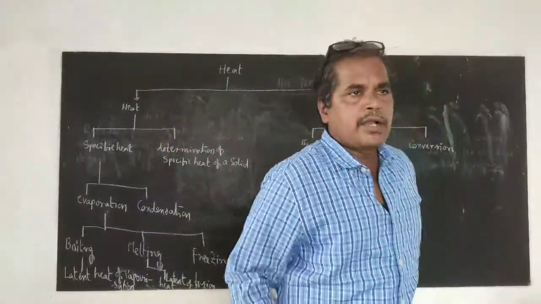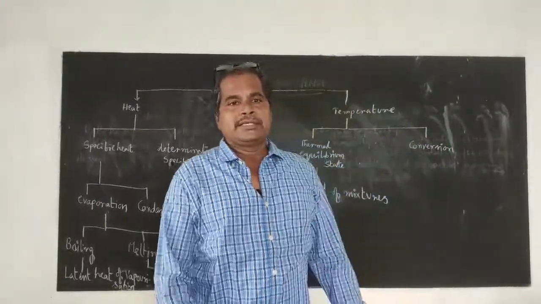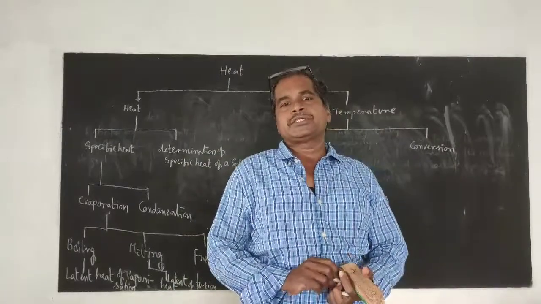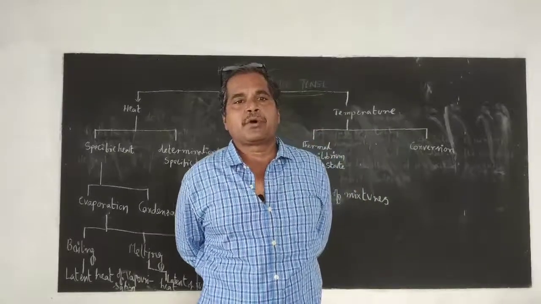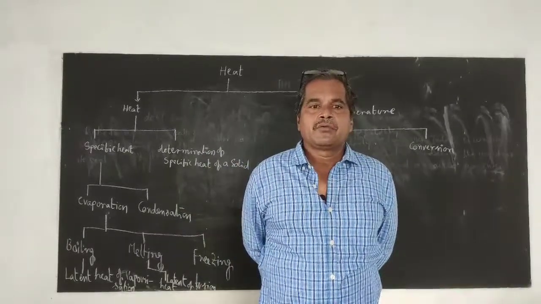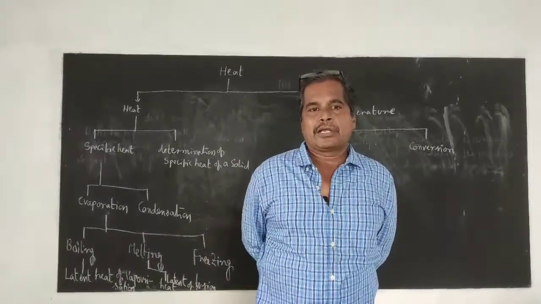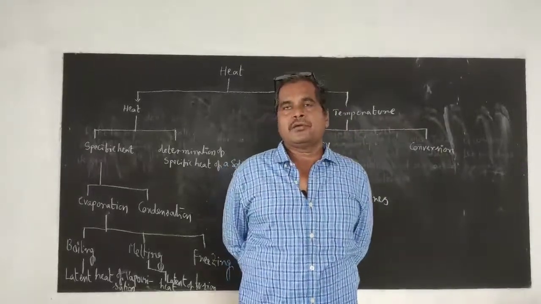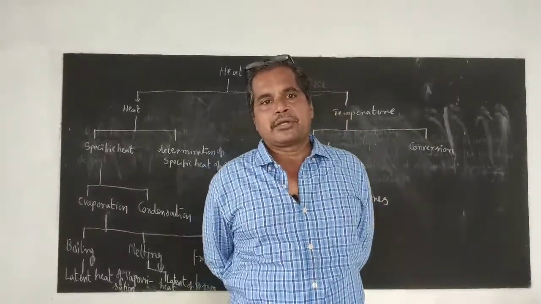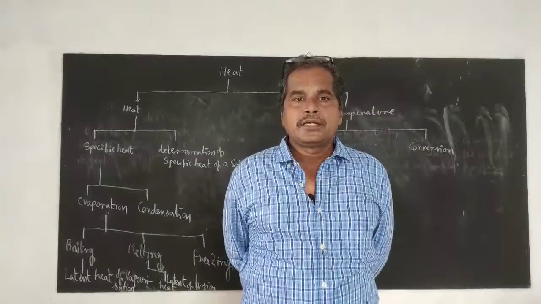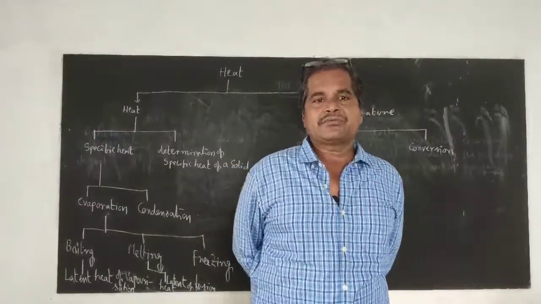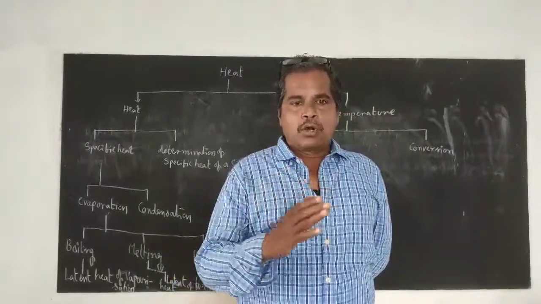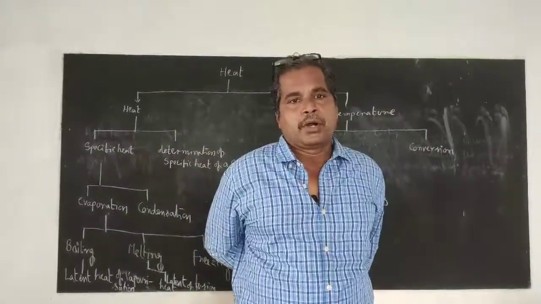So, 1 calorie is equal to 4.186 joules. Calorie is a very small unit, that's why we regularly use kilocalories. 1 kilocalorie is equal to 1000 calories.